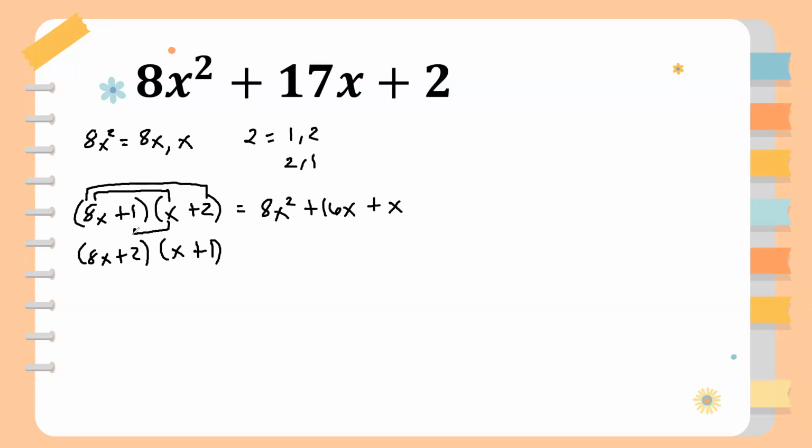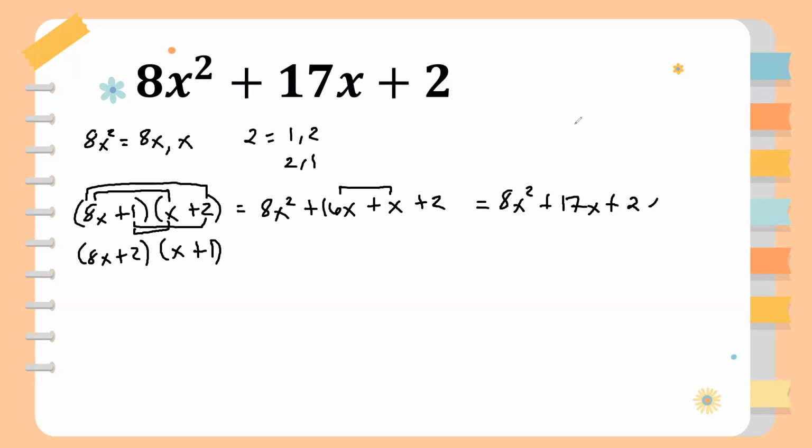And then, for the last term, 1 times 2, that is equal to 2. Then after that, you combine the like terms. We have 16x plus x. Copy muna natin si first term, 8x squared. Then 16x plus x, or 1x, we have 17x. Then copy the last term, 2.